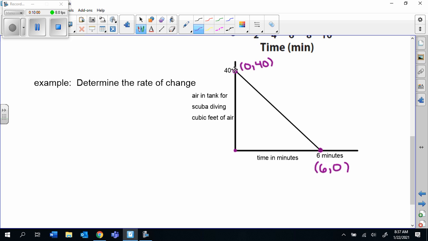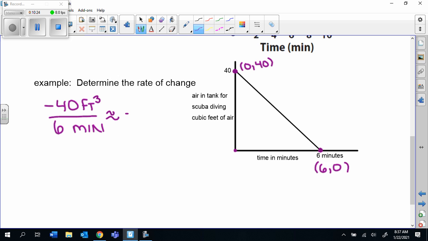And so we are going down 40 cubic feet of air in 6 minutes. That doesn't divide perfectly. That's going to be roughly 6.67.